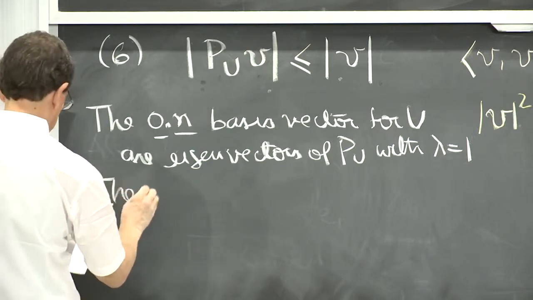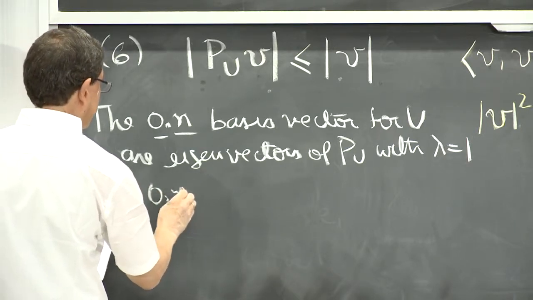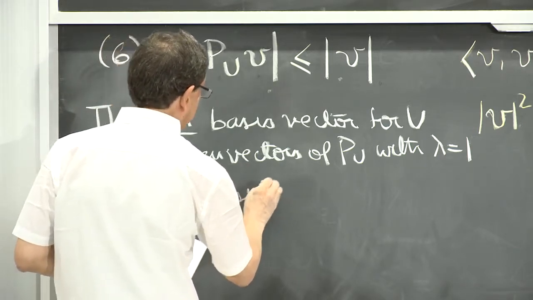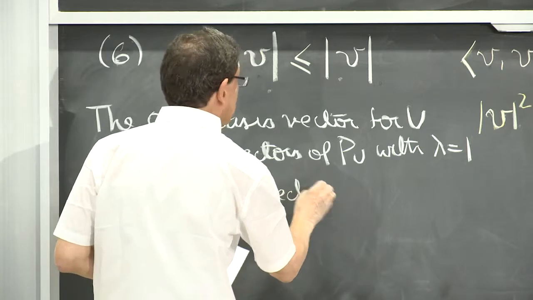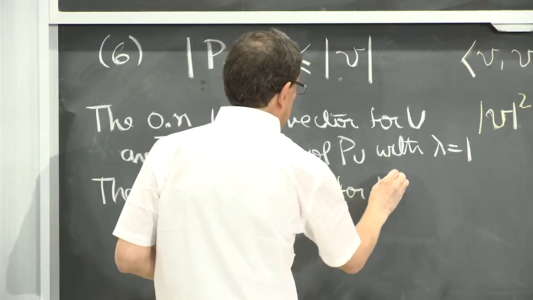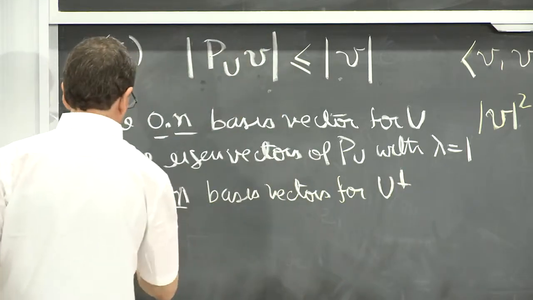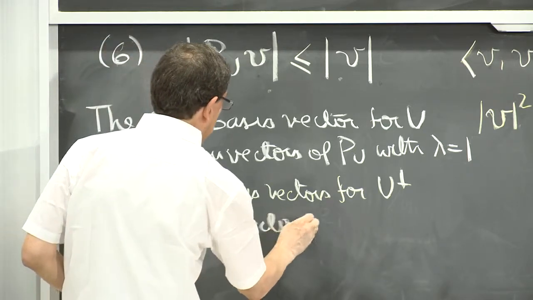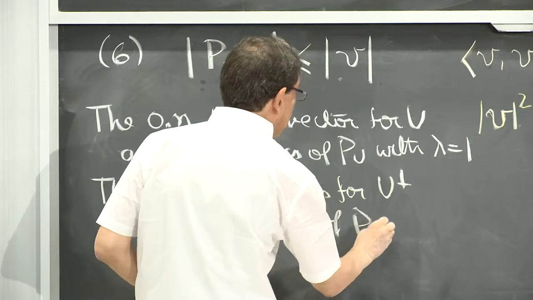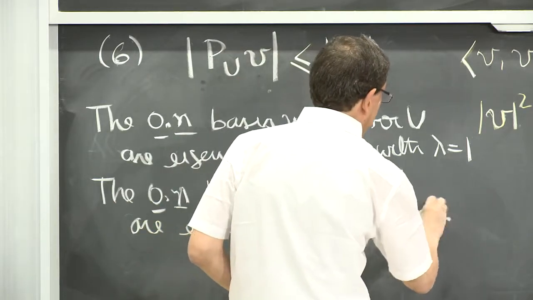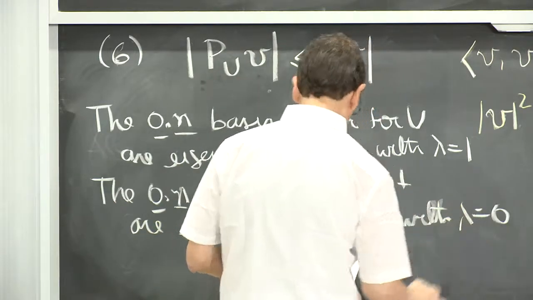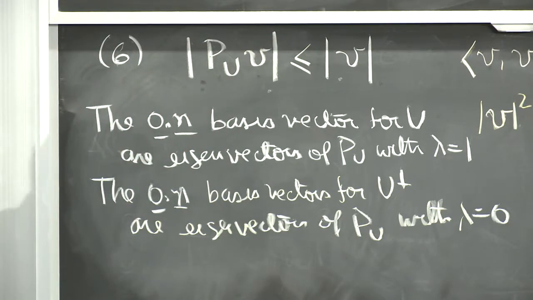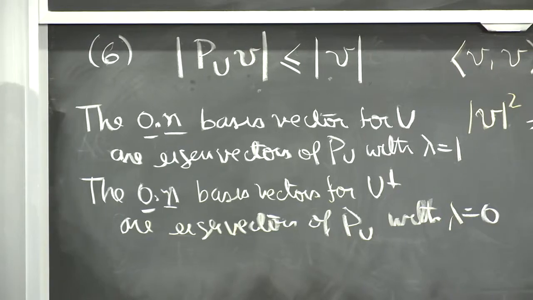The orthonormal basis vectors for U perp are eigenvectors of PU with lambda equals 0. So it couldn't be simpler.